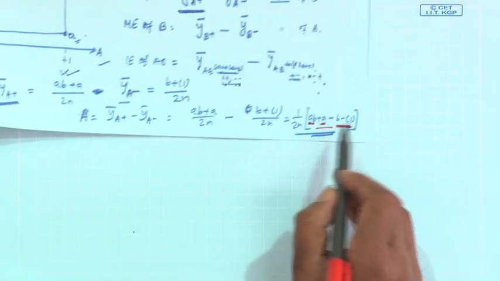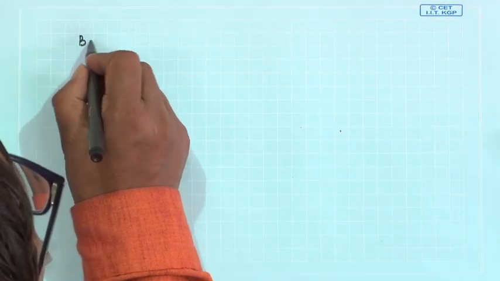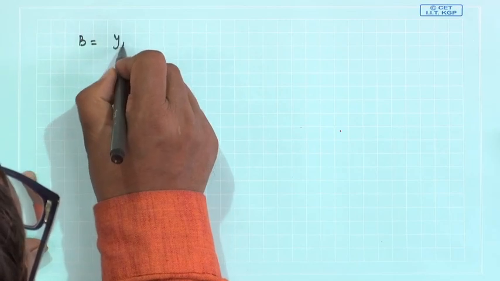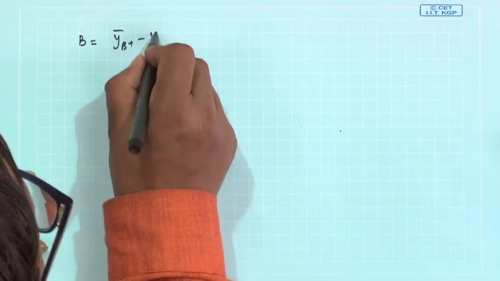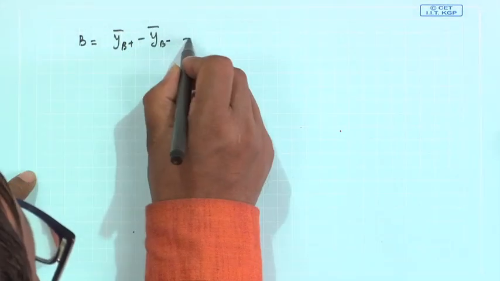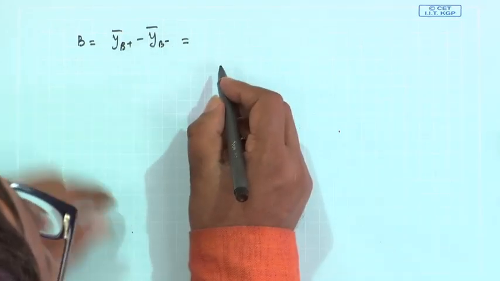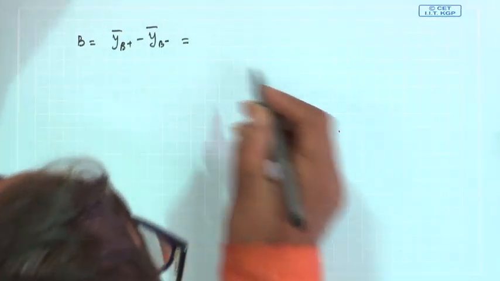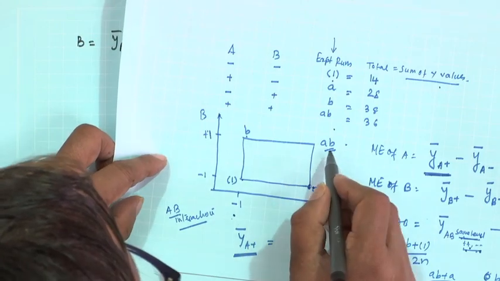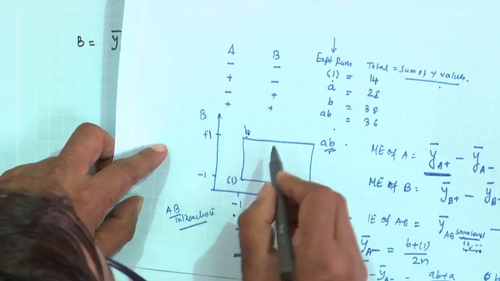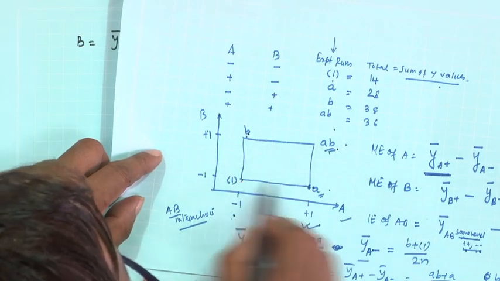So, using this, if I want to tell you the effect of B, the B effect is y B plus bar minus y B minus bar. This will be basically b plus ab divided by 2n, minus a plus 1 divided by 2n.